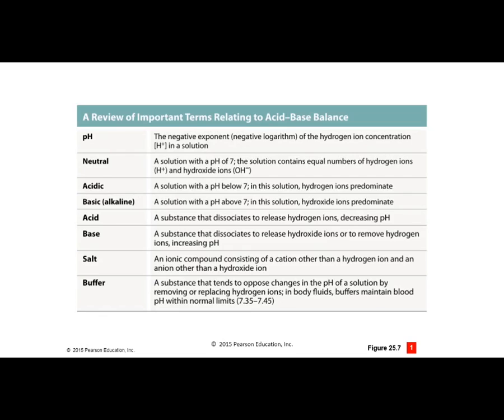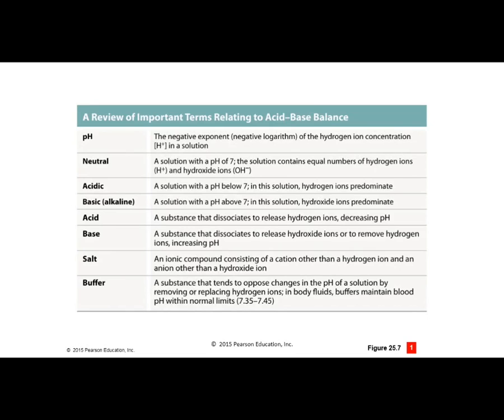So just take a look at this table again. We got to keep the pH the same. Remember the term neutral? This is just a reminder of pH. Neutral is pH what? 7, right? Anything above 7 is considered basic or alkaline. Things below 7 are considered acidic. An acid is something that releases hydrogen ions.